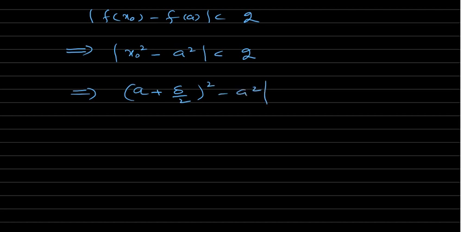We don't need the mod here because this number is greater than this, as we are adding delta by 2, and delta is a positive number. So let's expand this.